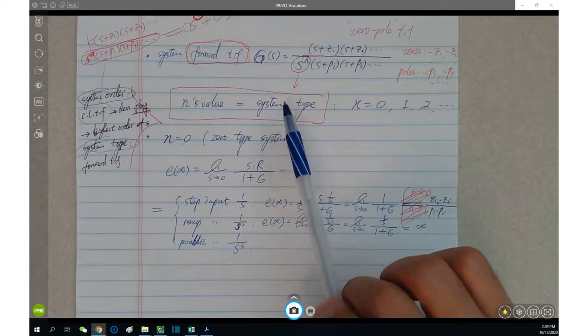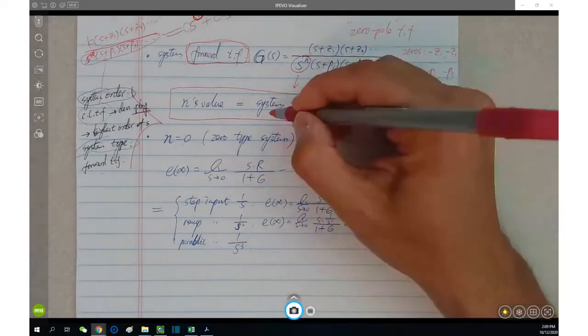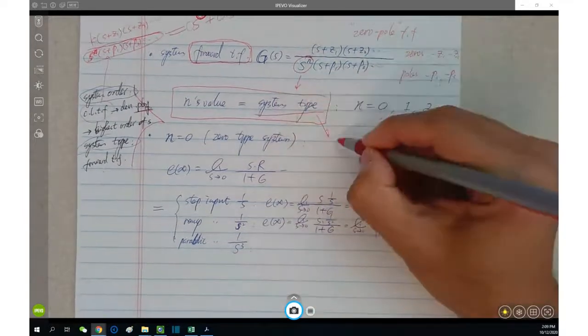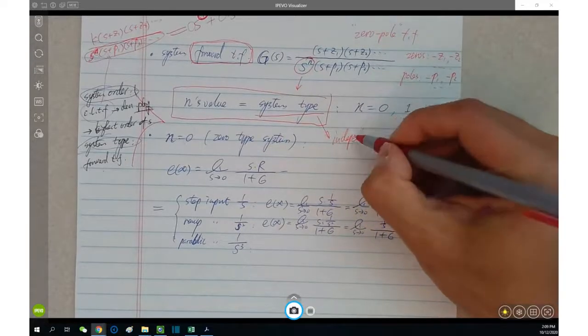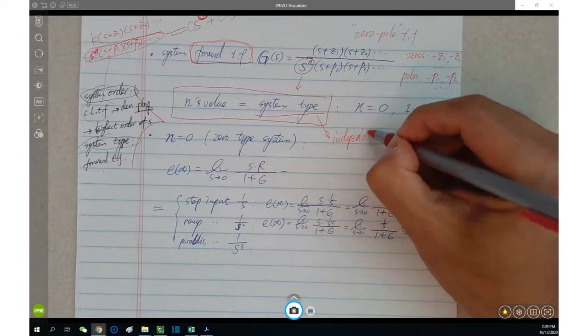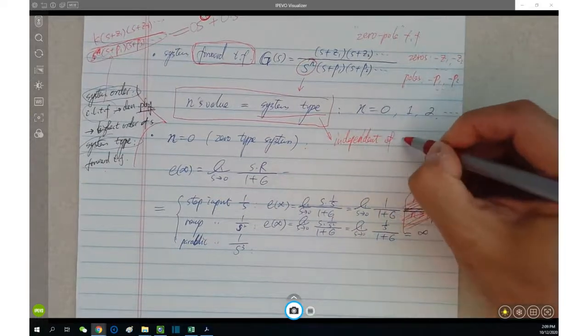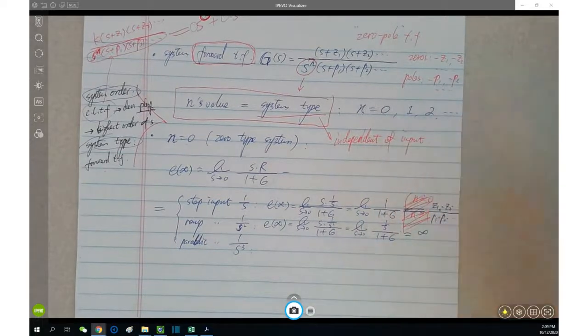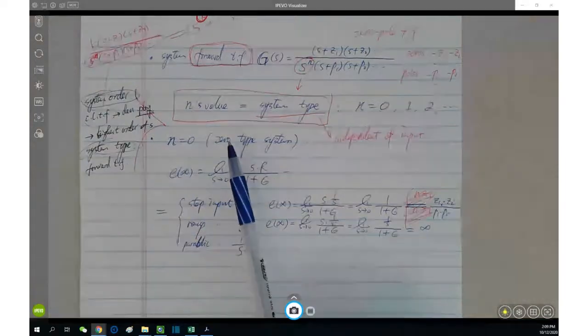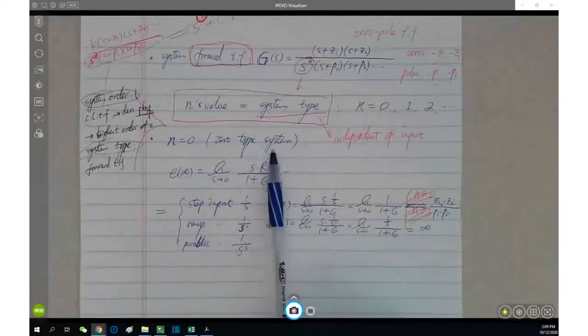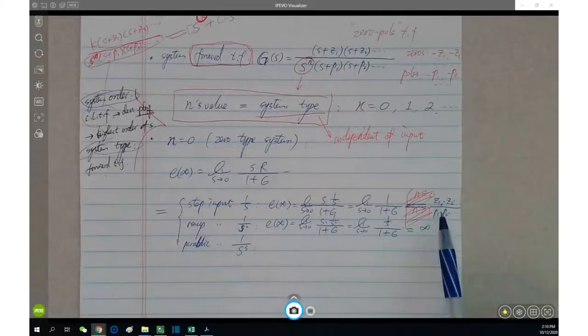The system type, this concept, is independent of input. You're not involving the input yet. So here we are saying n equals 0. This is a 0 type system, and then we're definitely going to have such a conclusion.